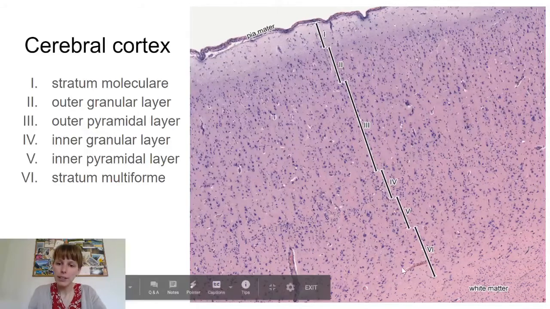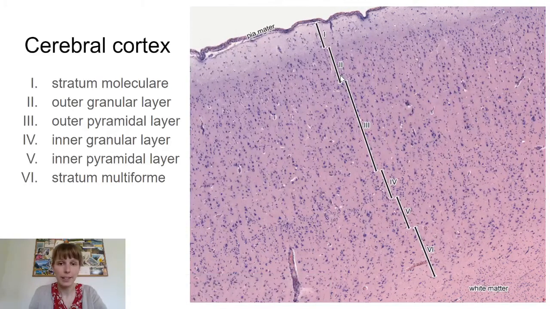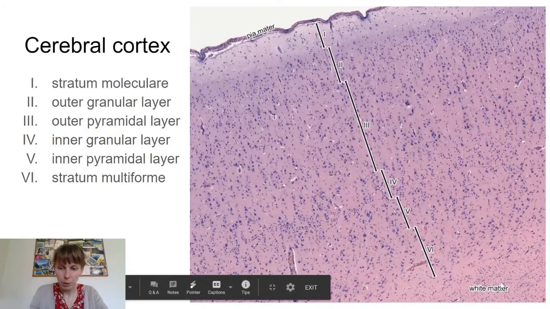However, on the slides it's very hard to say where one of the layers begins and where it ends. So it's not necessary for you to say, okay, this is the inner granular layer. No, we will not be requiring that, but you should be able to find the cortex and find the white matter. We will get to that.